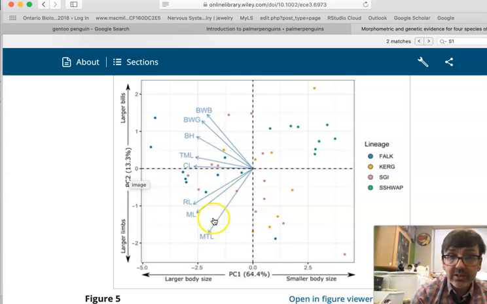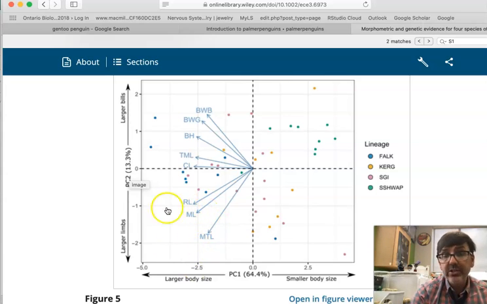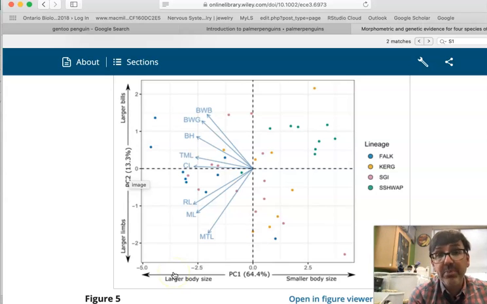Now, the other things that we looked at so far are the radius length, the manus length, and the middle toe length. These all have big, important implications, but they're all pointing downwards, so there are negative loadings on them.